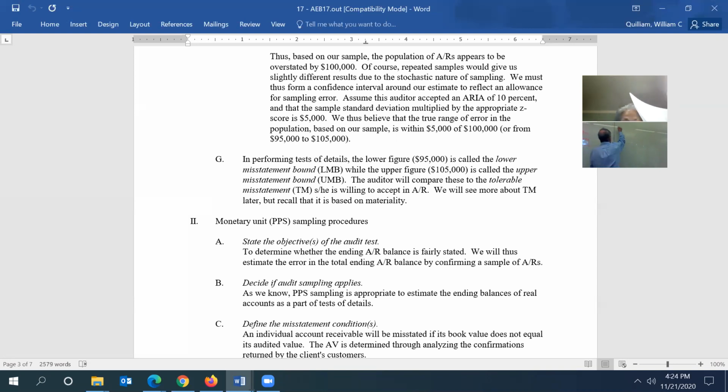So if the tolerable misstatement is either less than 105,000 or equal to or greater than 105,000.